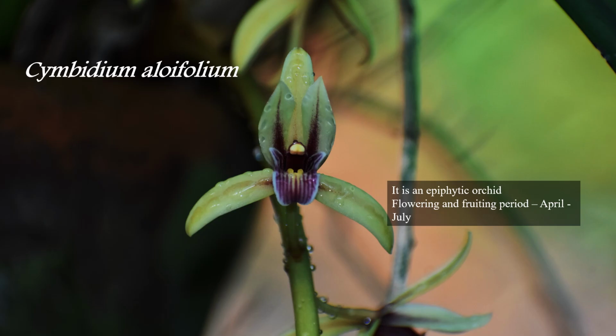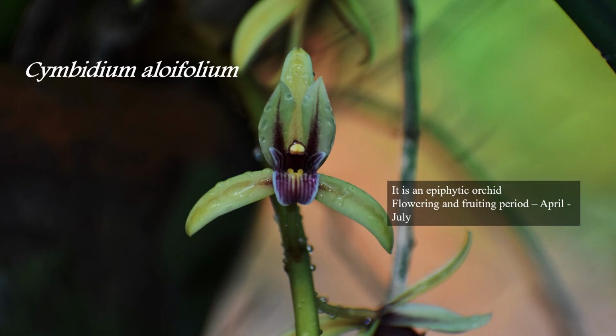The flowering and fruiting period is from April to July. As you can see clearly, it looks just like a pendulum. You can see the flower here, with the lip variation and color modification. So this is Cymbidium aloifolium.